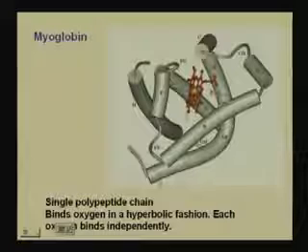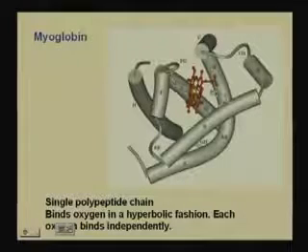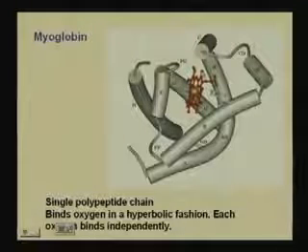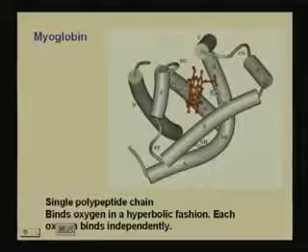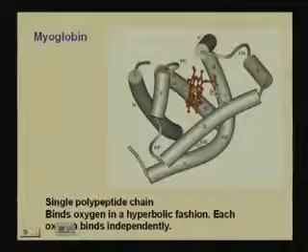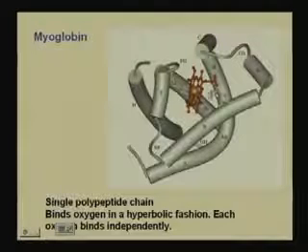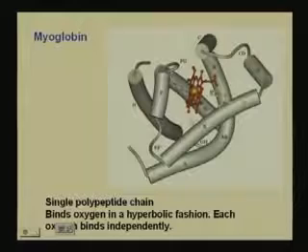Okay? So what happens is, you can see this one in red here is the heme. In the heme, you can see this yellow sphere, that is the iron. The iron is attached to, you can see, actually linked to the histidine moieties of the polypeptide chain.